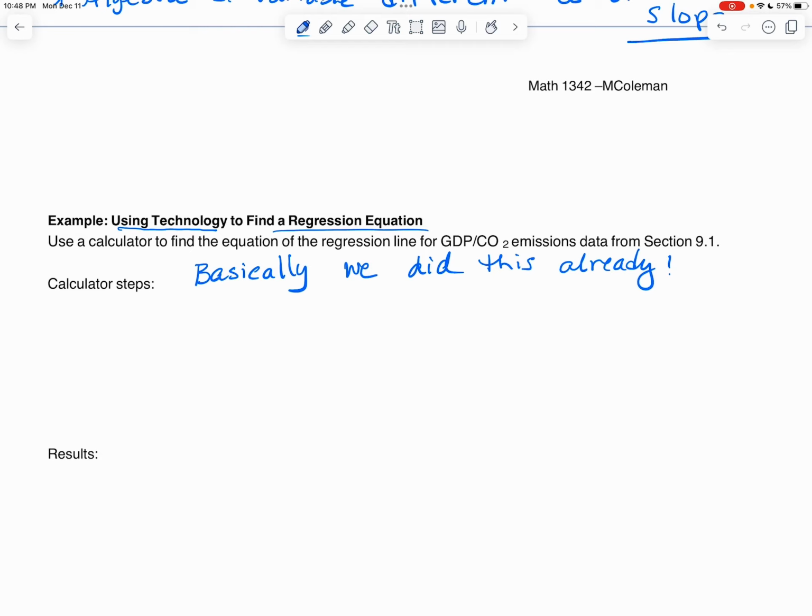And then when I hit graph, I got the scatter plot and the line, remembering that we are using the same data set throughout all of the examples in section 9.1 and 9.2. If you don't want to see the line, and in section 9.2, it doesn't even talk much about putting it with the scatter plot, so you don't have to ever see the line. You don't ever have to find the graph.